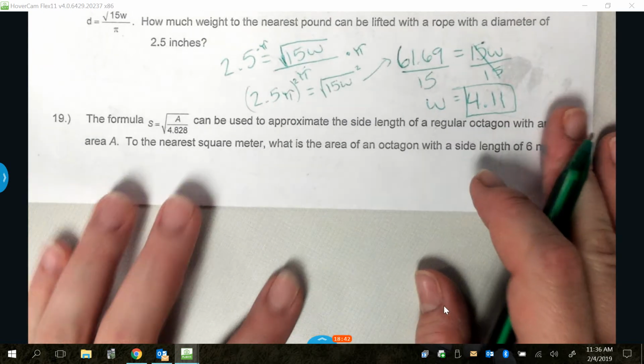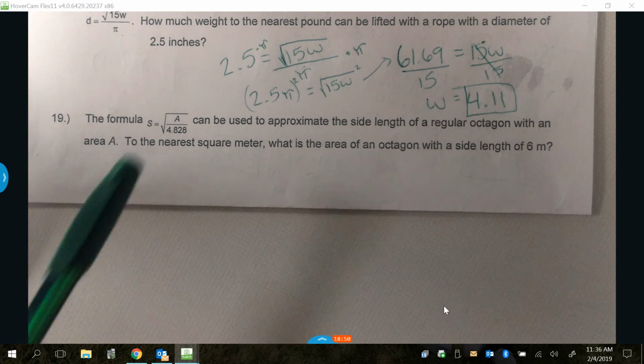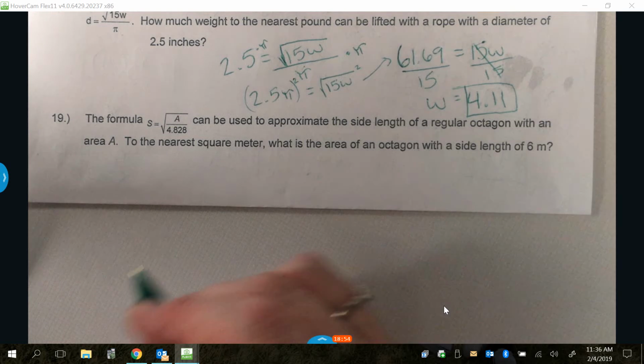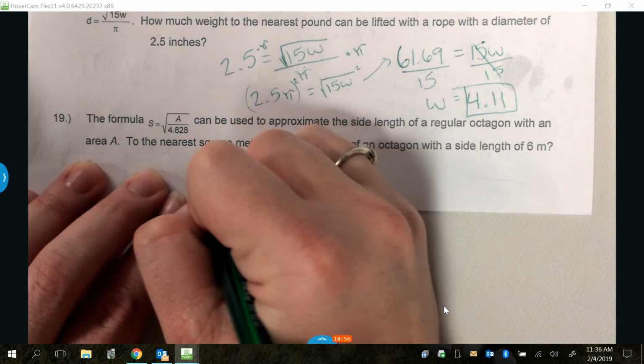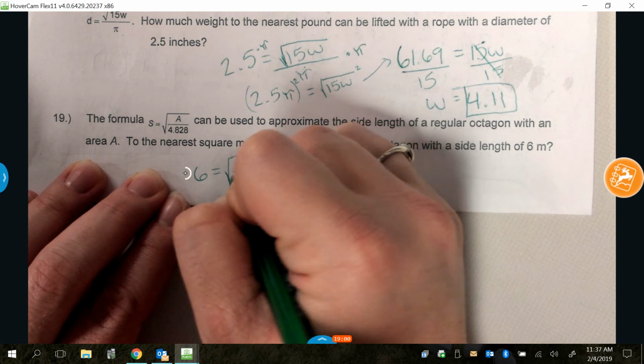Number 19. The formula S equals square root of A over 4.828 can be used to determine the side length of a regular octagon with an area A. To the nearest square meter, what is the area of an octagon with a side length of 6? So side length is S, so 6 equals square root of A over 4.828.